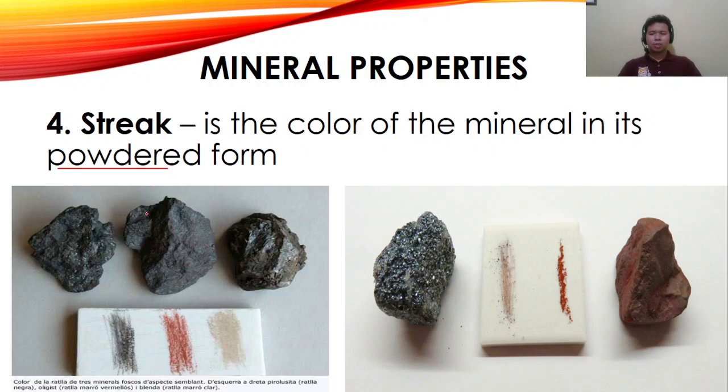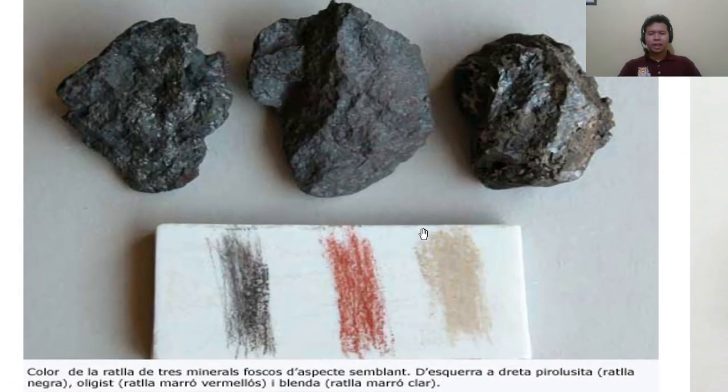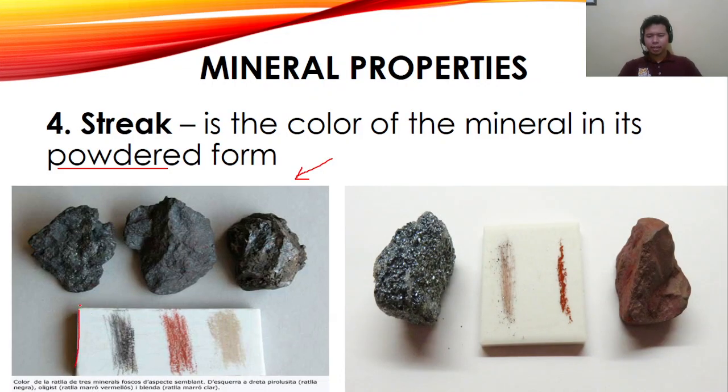As you have noticed, they are usually black or darker in color, but when scratched on a streak plate, the white plate here, it shows the real color. Streak plates are usually white porcelain or black porcelain. A white streak plate determines the color of darker minerals, while a black streak plate usually determines the color of a lighter mineral.